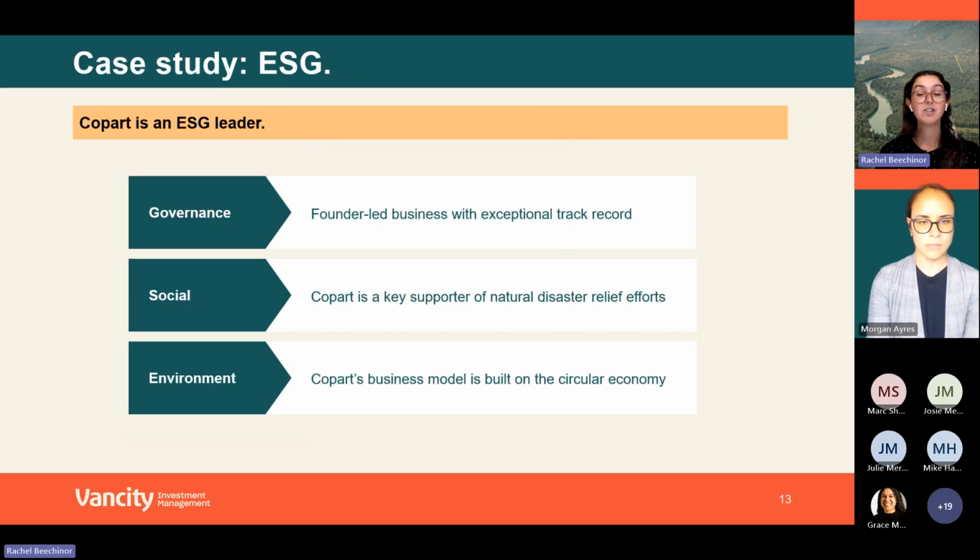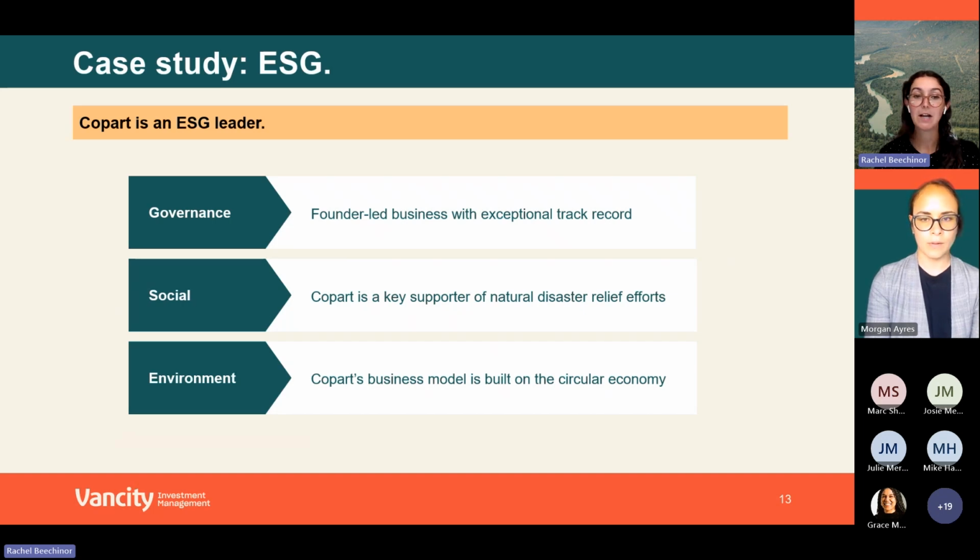And then on the ESG analysis side of Copart, here we have a quick overview of their performance. The key points that you see on the slide is that they are a founder-led business, which is a good thing to see as it often fosters a strong corporate culture. Copart is also a key supporter of natural disaster relief efforts, and as already touched on, they are a key enabler of the circular economy.